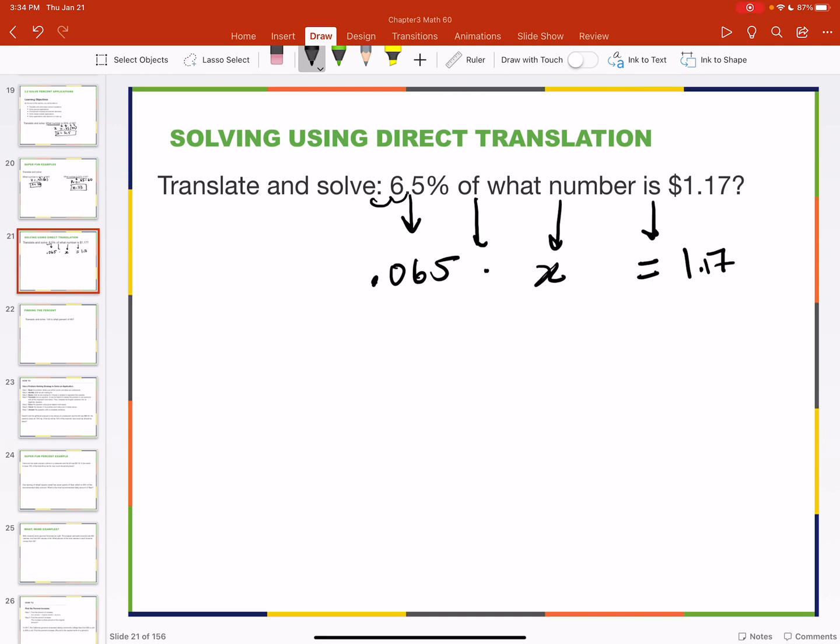Since this is multiplication, we divide both sides by 65 thousandths. That cancels this out. We get x is equal to 1 and 17 hundredths divided by 65 thousandths, and that's 18.